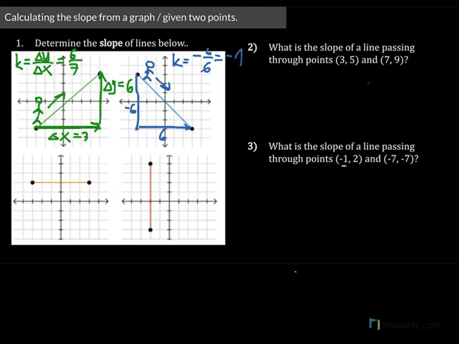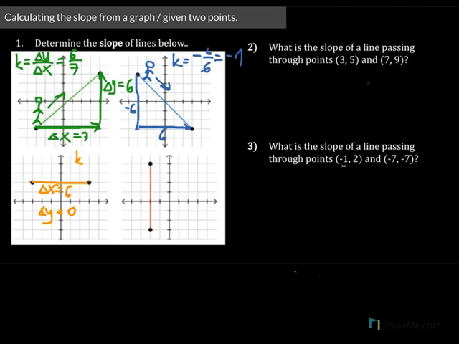The third case is interesting because we have a horizontal line. I will follow the same logic. I have 2 points on the line, and the change in x this time, the horizontal change, is equal to 6. And I don't need to go either up or down, so my change in y is 0.